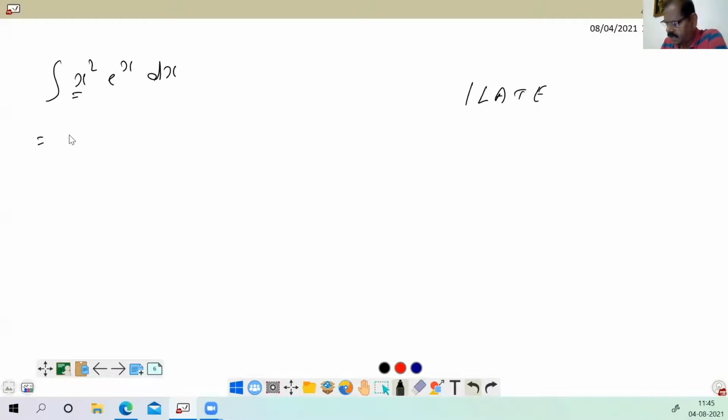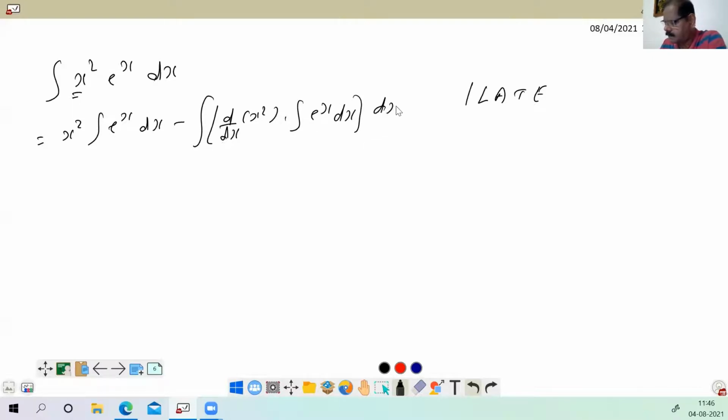That is, integral: first function x square into integral of second function, minus integral of derivative of first function into integral of second function, dx. So this is x square e raised to x minus integral of d by dx of x square, which is 2x, into again integral e raised to x, which is e raised to x, dx.